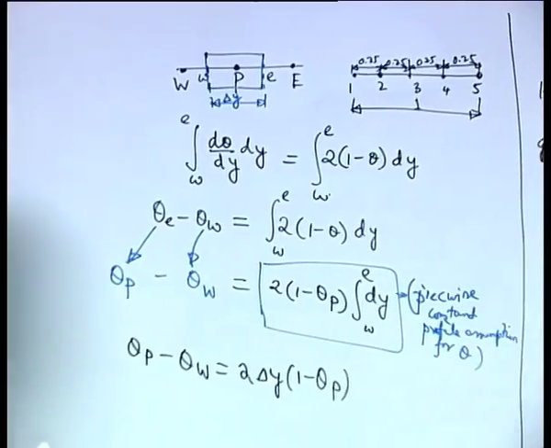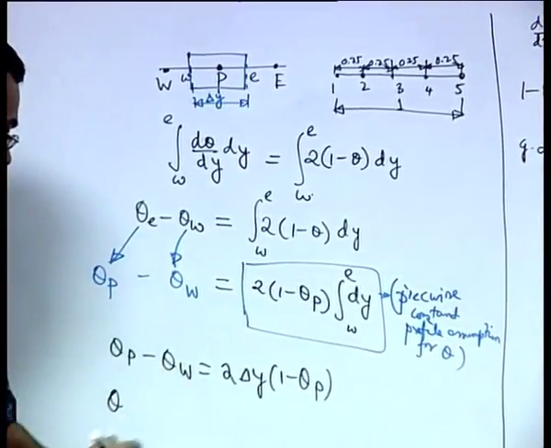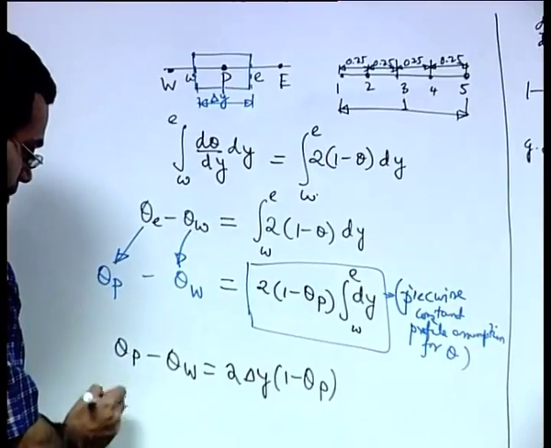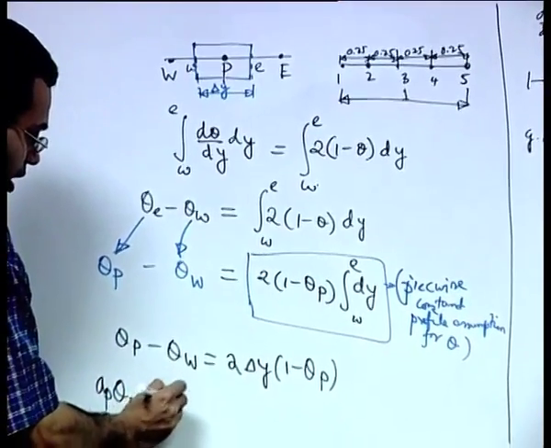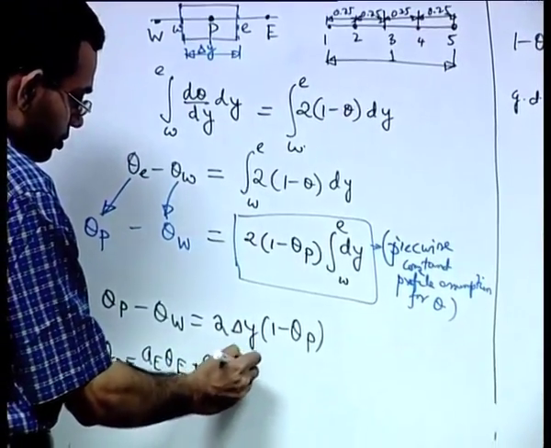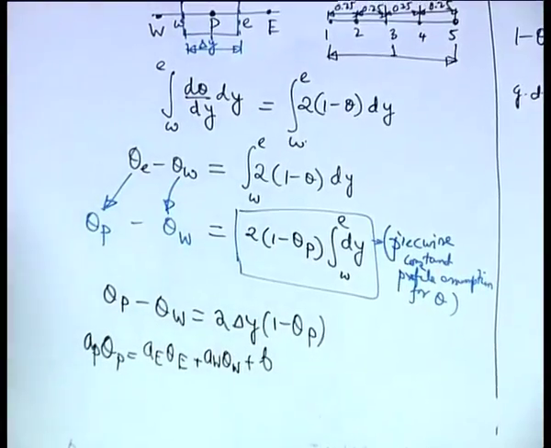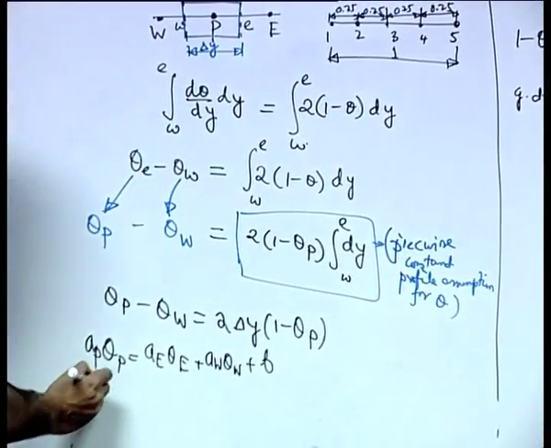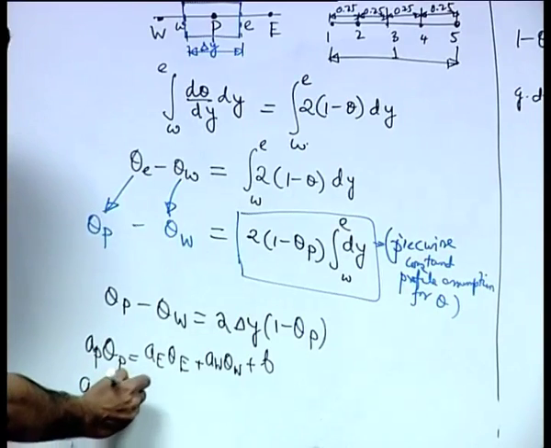So this is of the form AP theta p is equal to AE theta e plus AW theta w plus B. What is AE? AE is 0.